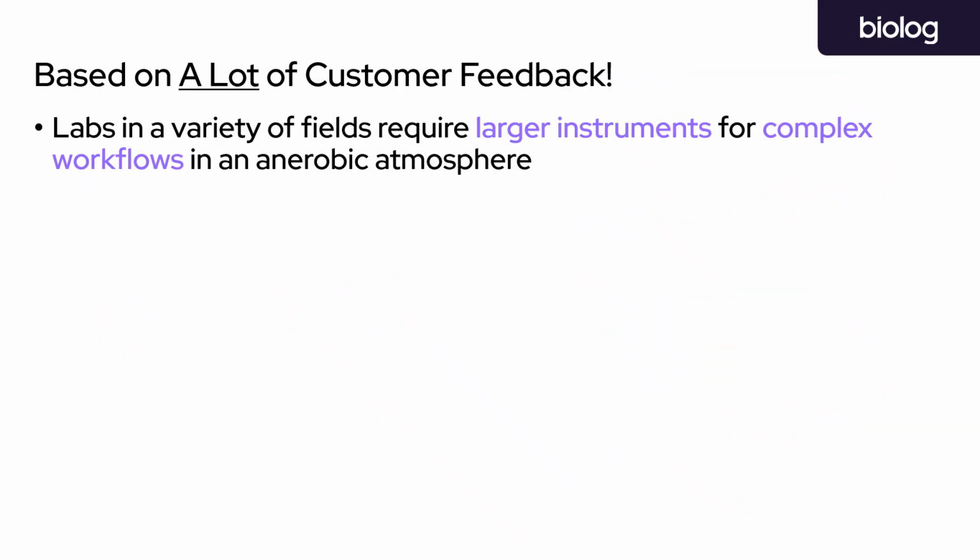This chamber was based on a lot of feedback from customers just like you, all saying the exact same thing. We need more space. Labs in different fields have specific needs for their increasingly complex workflows, which require various pieces of equipment that might be too large to fit in most anaerobic chambers, like the AS500 or expansion module.